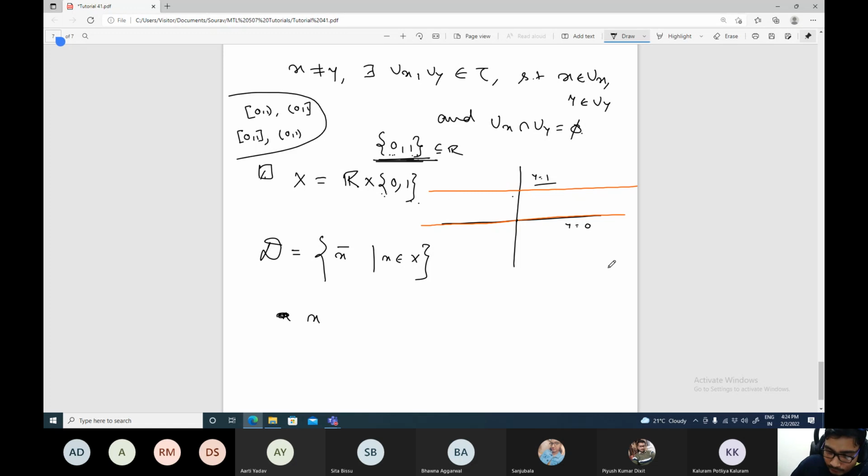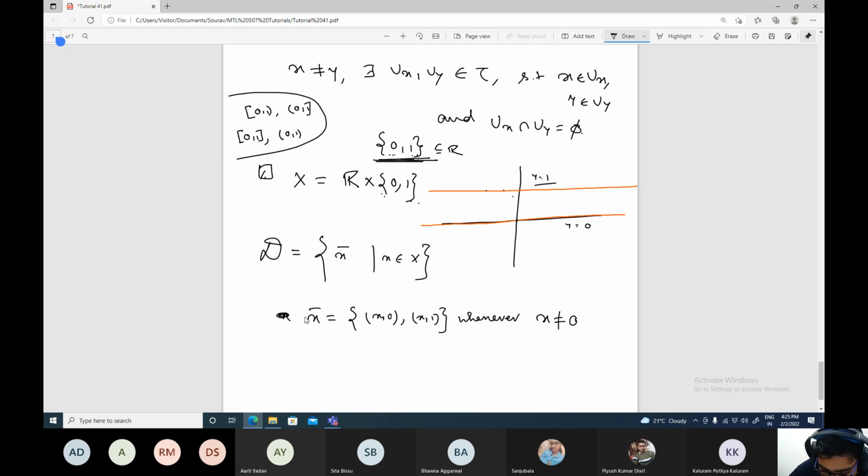Okay, so now we identify these two points. So x bar will be {(x,0), (x,1)} whenever x is not equal to 0.